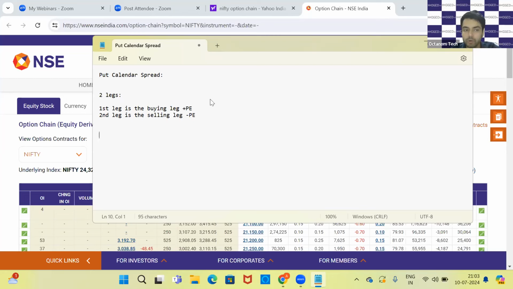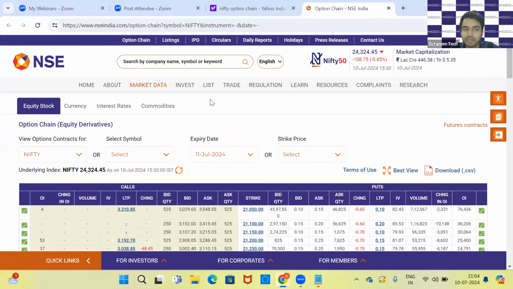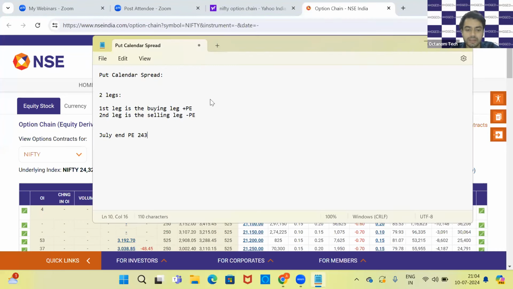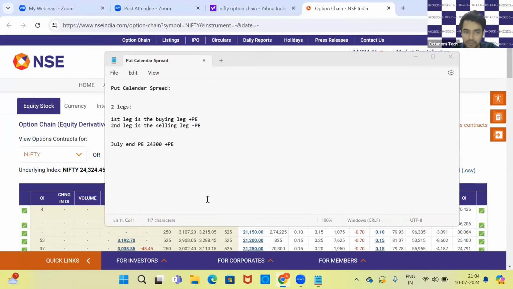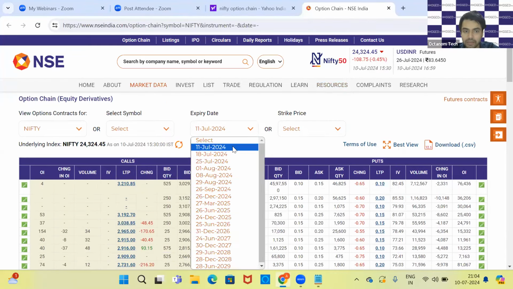Now, for example, what do I mean by that? Let's say right now we buy July end put option. Nifty is currently trading at 24,300. So let's just take 24,300 put option. Now, according to the definition, I have to sell 24,300 put option of any near expiry. By near expiry, I mean it can be 11th July, 18th July.